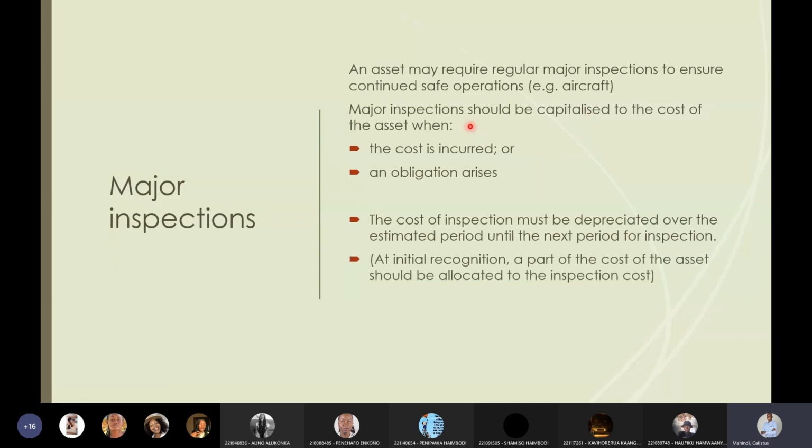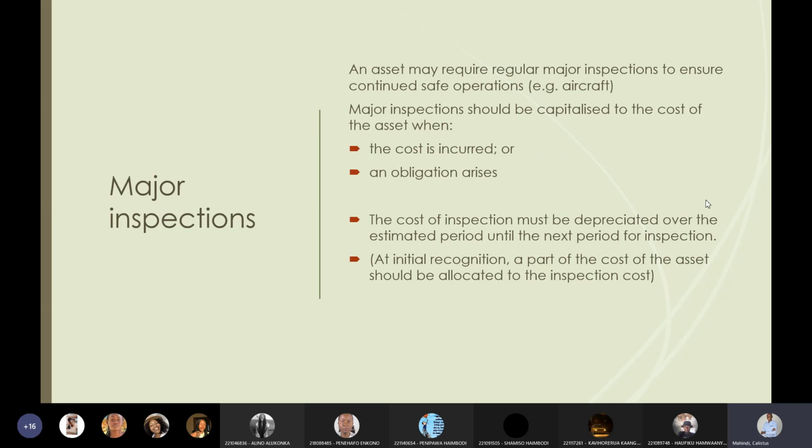Major inspections should be capitalized to the cost of an asset. So it becomes an asset for the business, and it's not categorized as an expense. That is why it should be treated as an asset.